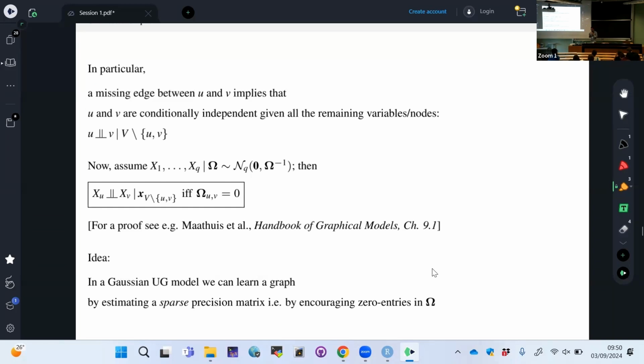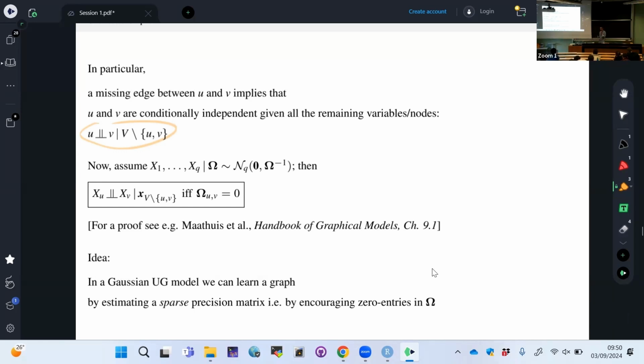Okay, and this is something that we can write in this way here: U independent of V given V minus U and V. Now the question is, how can we translate this into a Gaussian graphical model, or at least into a multivariate Gaussian distribution?